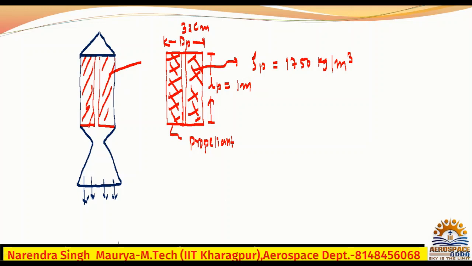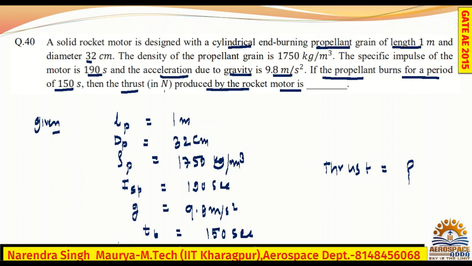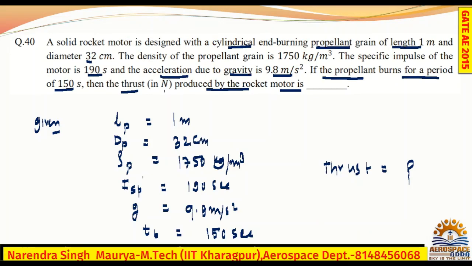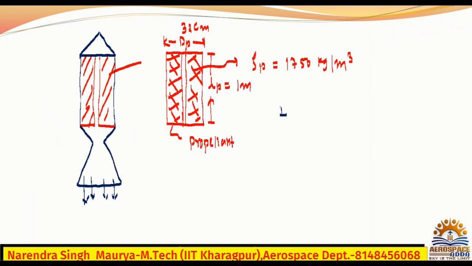Now they are asking us to calculate thrust. Okay, they have not given pressure and all, so we need to calculate thrust. And the thrust formula I will write here because they have given ISP. Check, ISP they have given to us. So we know what the ISP is. It is thrust per unit weight flow rate of the propellant.